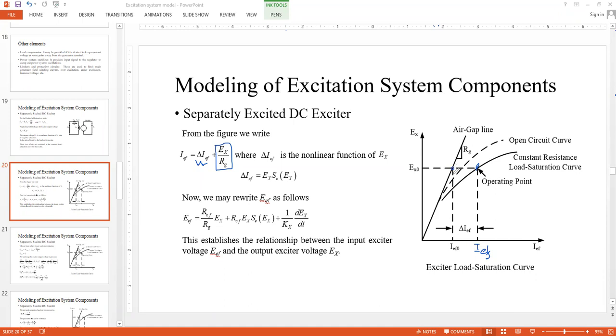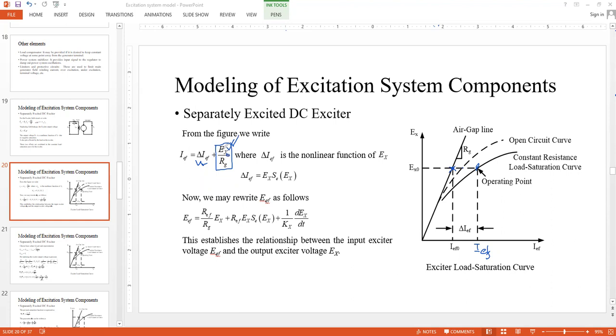The relation between this IEF0 and this EX0 should lie on this straight line. Probably in the last class, I drew it wrongly. I showed it here, but that's not correct. That point should lie on this straight line, because only then could it be captured by this straight line relation. And of course, this could be written simply as EX0 over RG.